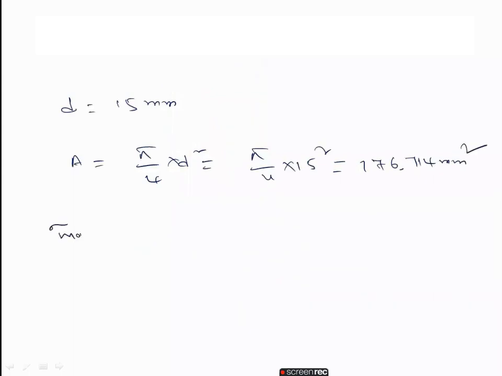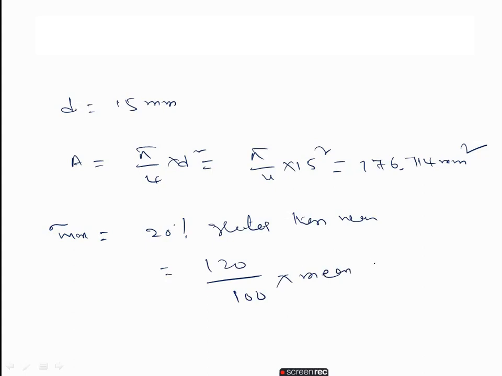What they gave in the condition is sigma max is 20% greater than the mean. That means it is 120 by 100 of the mean stress, so that means 1.2 times the mean stress. So now sigma max is nothing but 1.2 into the mean stress.